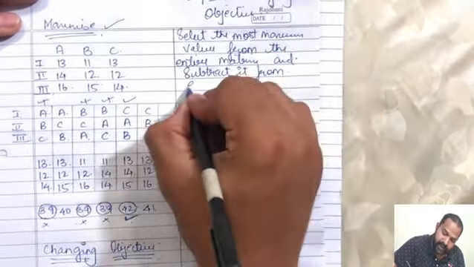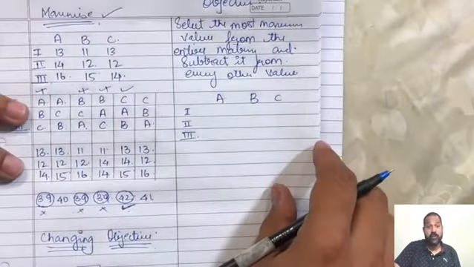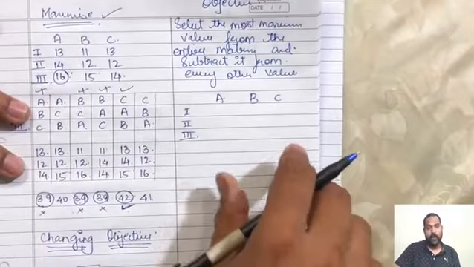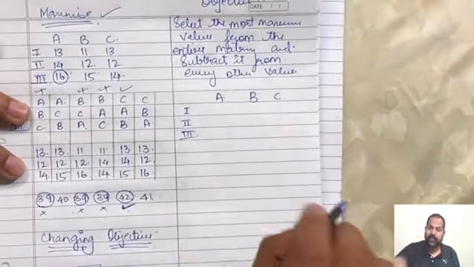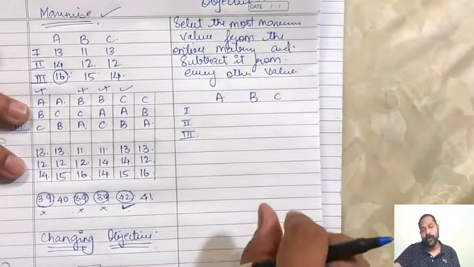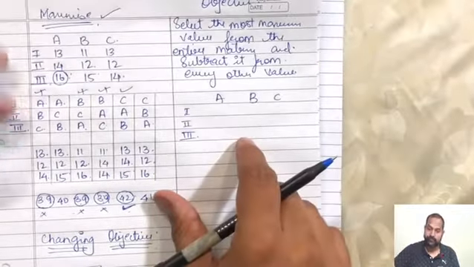So A, B, C, 1, 2, 3. What is the maximum profit? 16. Well, if 3 working on A can give me a profit of 16, everybody should be capable of giving me a profit of 16. Can you tell me how many opportunities is everybody losing?